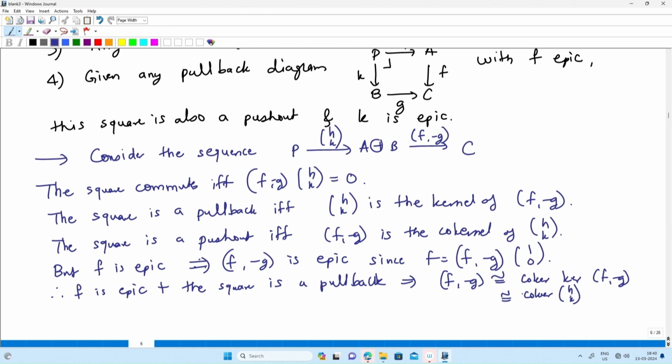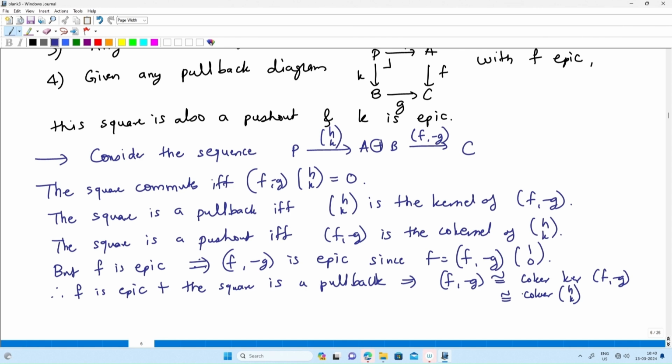In the second step, I am using that it is a pullback. In the first step, I am using that it is an epimorphism. So any epimorphism is isomorphic to its own co-image. But the kernel of (F, minus G) is (H, K).